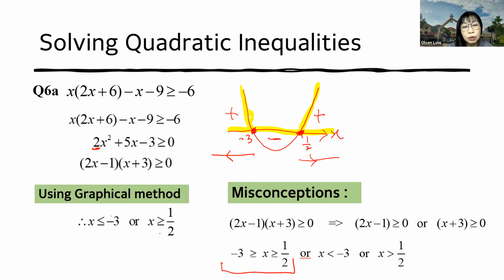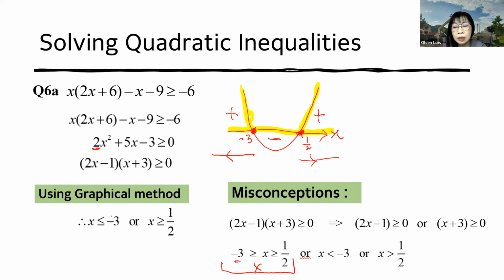Then they look at the second half, which is x is greater than or equal to a half, so they combine this together. But when you take a look at this solution, you realize that it doesn't make sense, because how can the value -3 be greater than a half? So this answer here is incorrect.